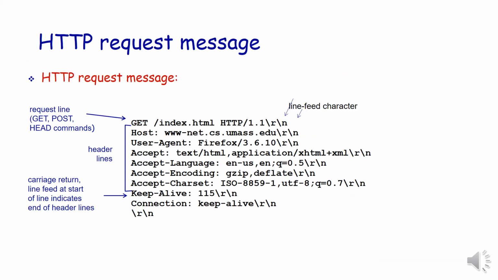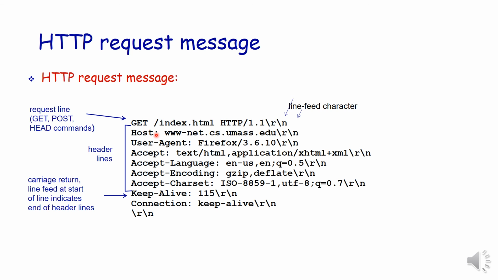Here is a sample request message, and you don't need to learn all these things by heart, just understand which are the fields. The first one is the method, which may be either GET or POST. You might have studied this in web programming: which type of request is generated by the client to the server. It is followed by a space, then the actual requested page, then a space, then the version, that is HTTP 1.1, then the carriage return and line feed, \n, and then a set of header lines.